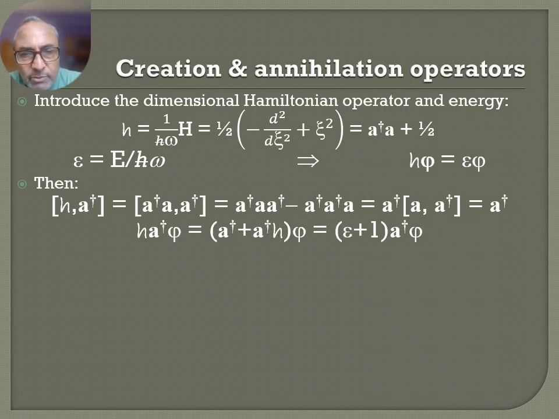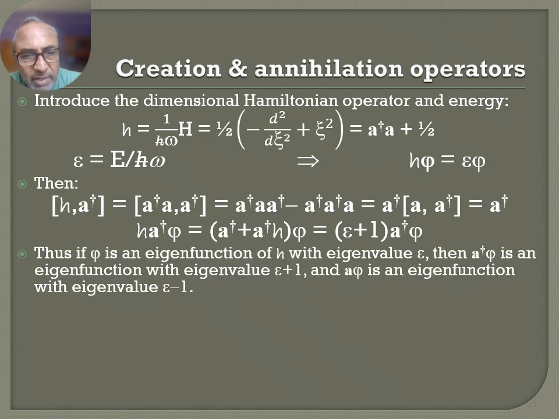Thus, small h times A dagger operating on phi equals A dagger plus A dagger small h operating on phi, which is equal to epsilon plus 1 times A dagger phi. Thus, if phi is an eigenfunction of small h with eigenvalue epsilon, then A dagger phi is also an eigenfunction of small h but with eigenvalue epsilon plus 1, and A phi is also an eigenfunction of small h but with eigenvalue epsilon minus 1.